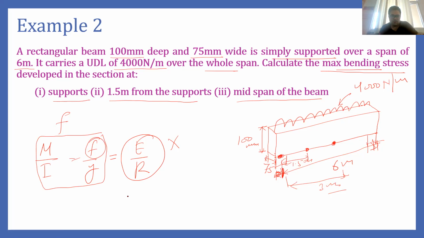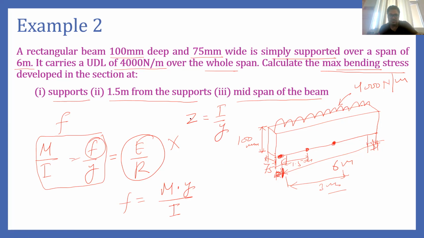Now, F can be written as M into Y by I. Now we also know that Z is equals to I by Y. What is Z?